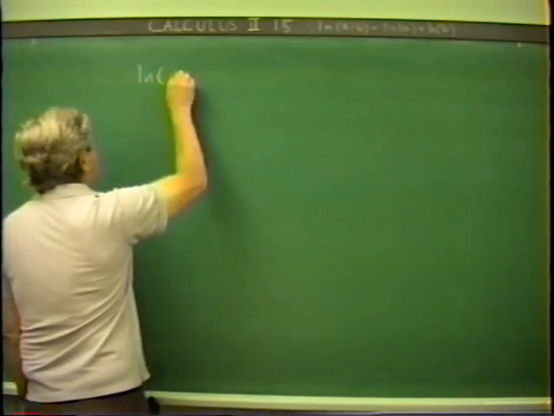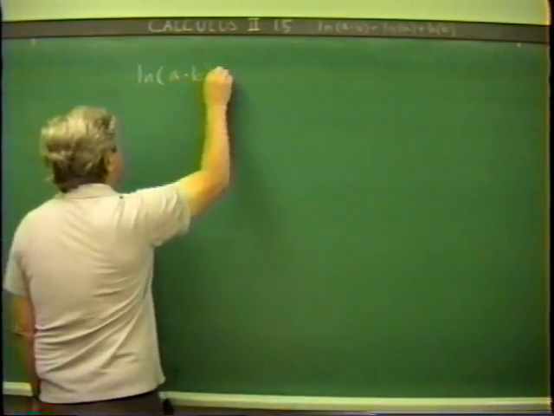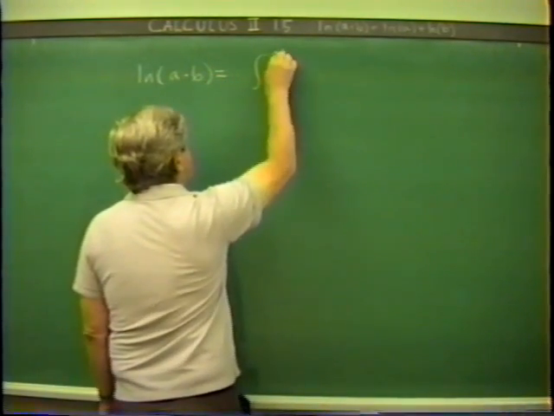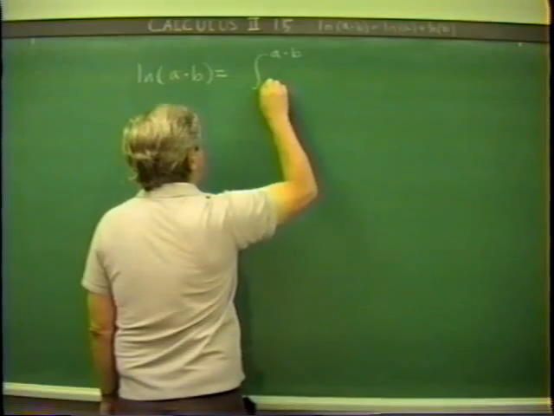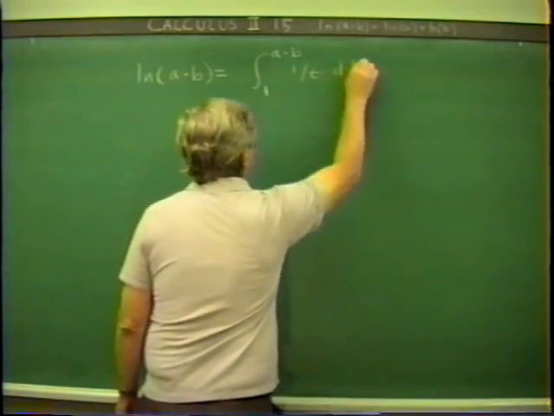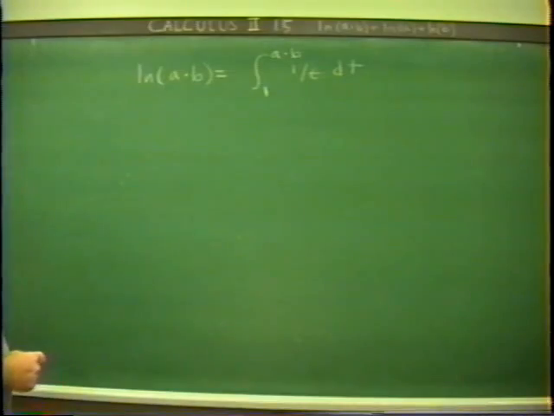So first of all, let's look at ln of a times b. This is equal to the integral from 1 to a times b of 1 over t dt.